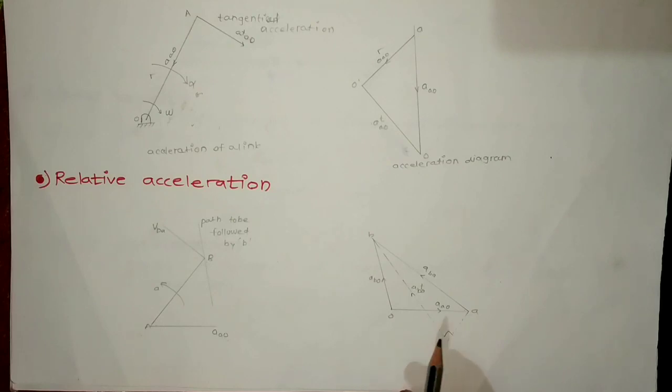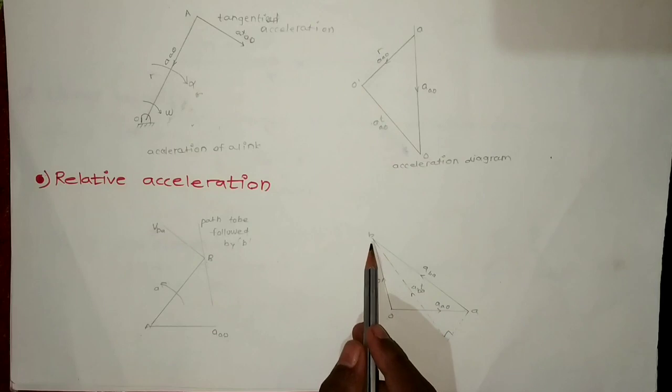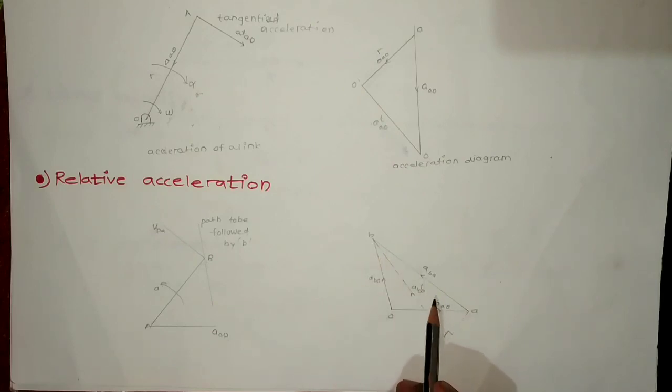First, draw vector AO to represent the absolute acceleration of point A, and the acceleration of point B with respect to A as the following two components. First, the radial component of acceleration of B with respect to A, acting along AB, and second, the tangential component of acceleration of B with respect to A, acting perpendicular to AB.